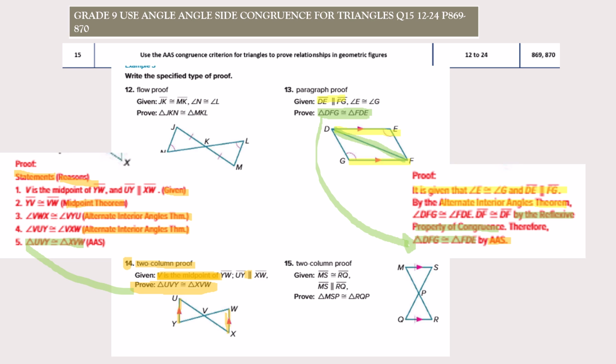And once again, in this case, it is angle side. So two ways that we have focused on how to write proofs. One is the paragraph proof, and the other one is the two-column proof.